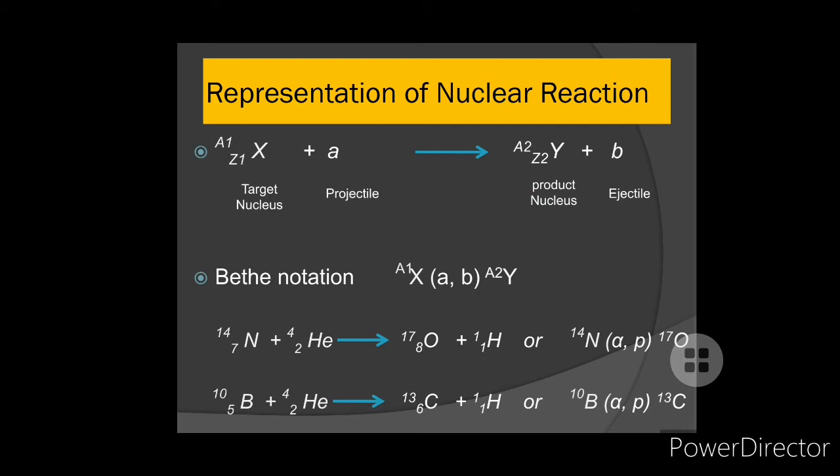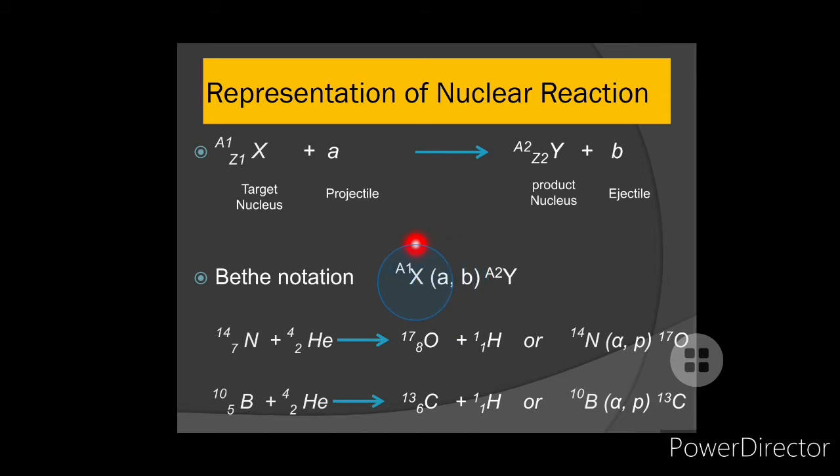So in this way we can represent nuclear reactions. Nuclear reactions are also represented by the Bethe notation, in which the projectile and ejectile are enclosed in a bracket.